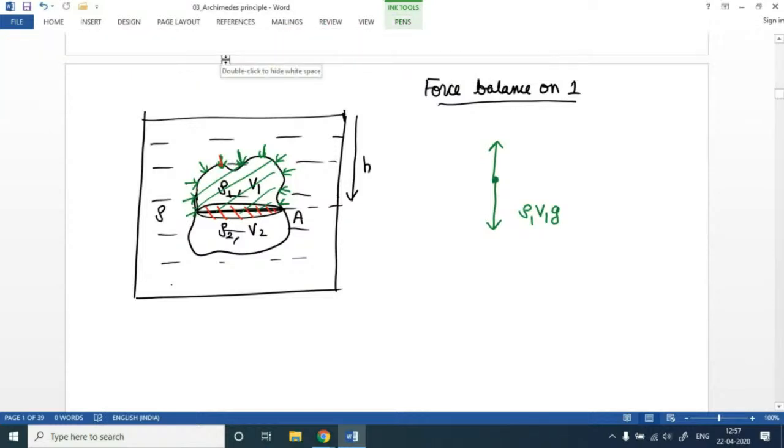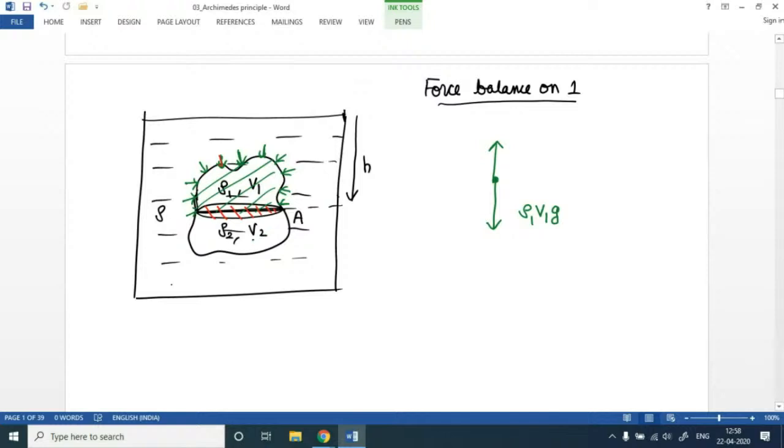So let me put this logic over here. If the upper part of the solid were surrounded by the liquid from all sides, then the force exerted by the liquid would be equal to rho1 V1 g, and that was equal to buoyancy. But it is now not in contact with the liquid from the bottom layer, so the liquid will no longer exert the force on the bottom layer which it would otherwise have applied.